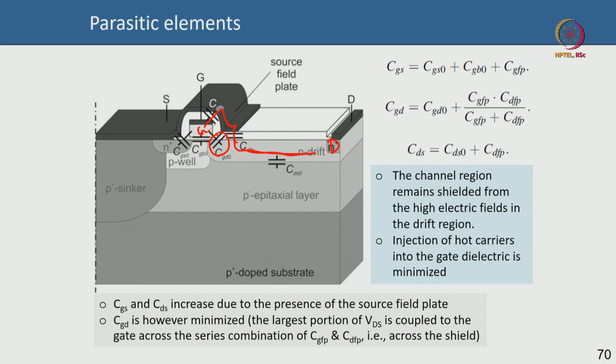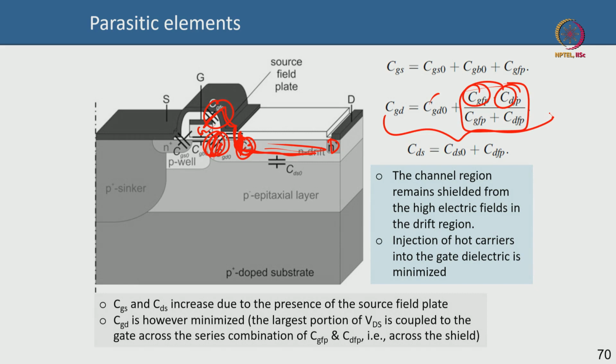The drain is connected here, right. So this CGFP is in series with this capacitance, which is CDFP, the field plate and the drain drift region. So the series of this is in parallel to this, and that is why this is your CGD.